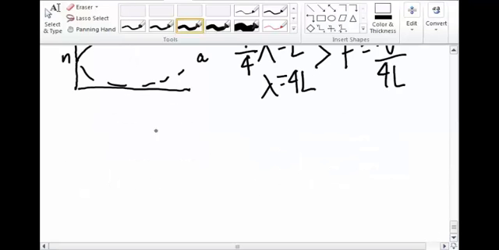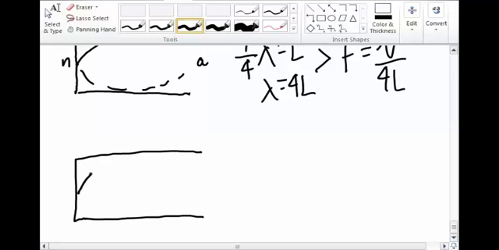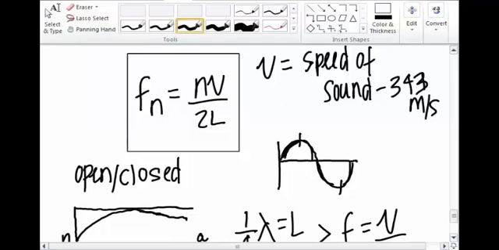Alright, so what about this wave? How many wavelengths does this have? If we go up to the picture, and this is 1/4, 2/4, 3/4, and 4/4.